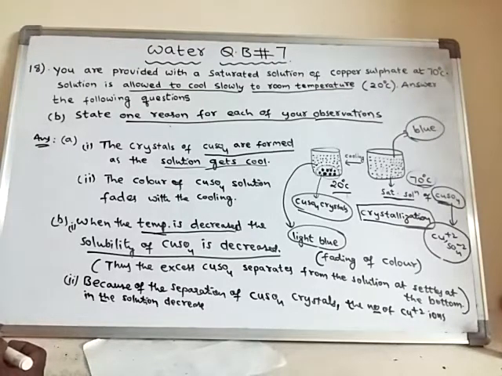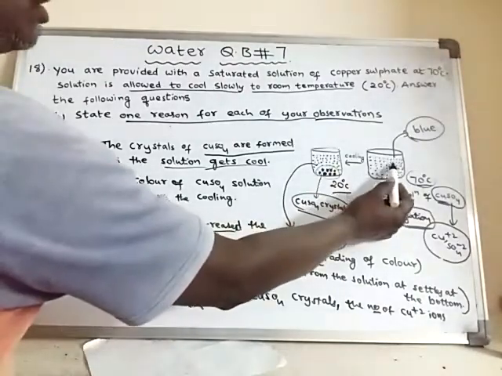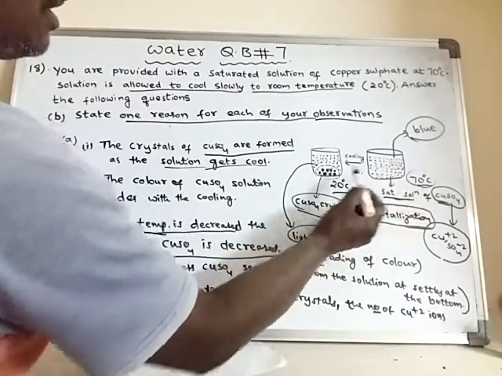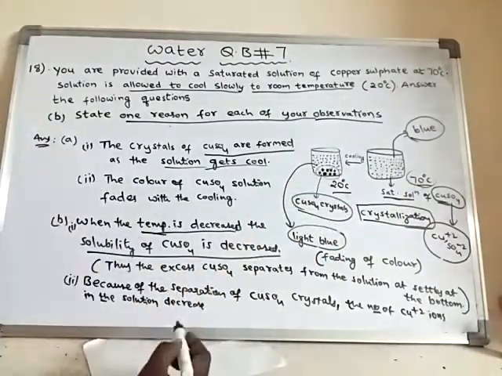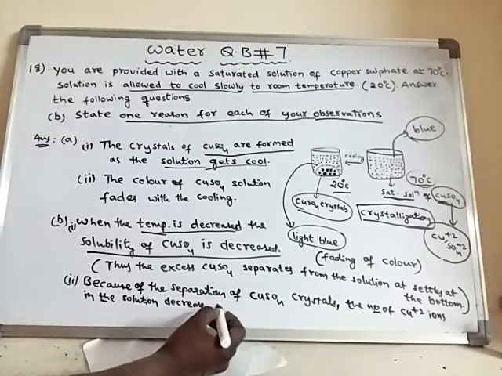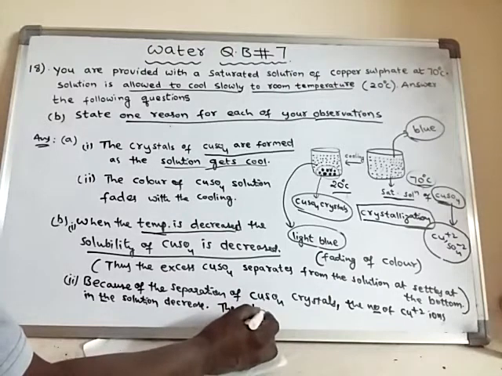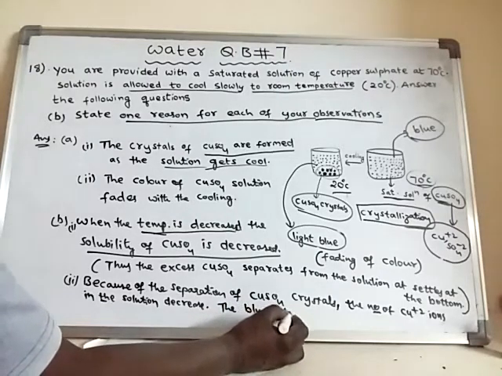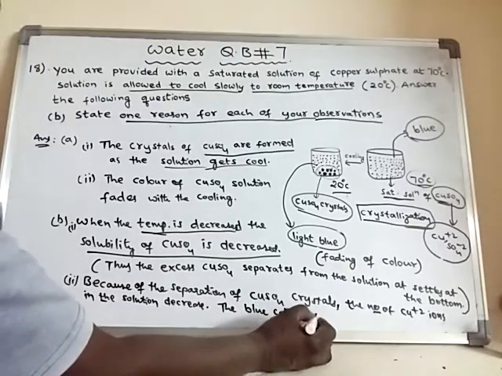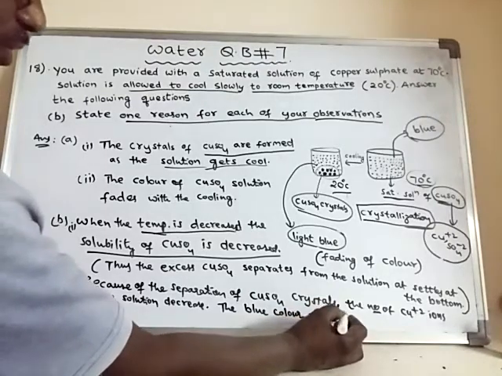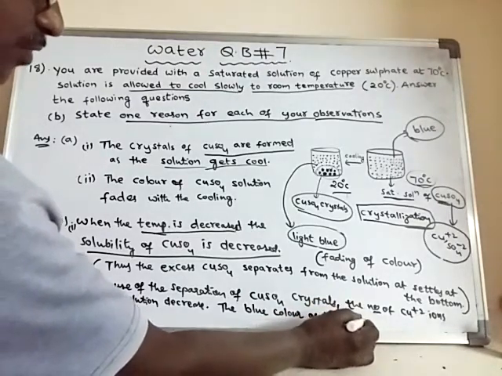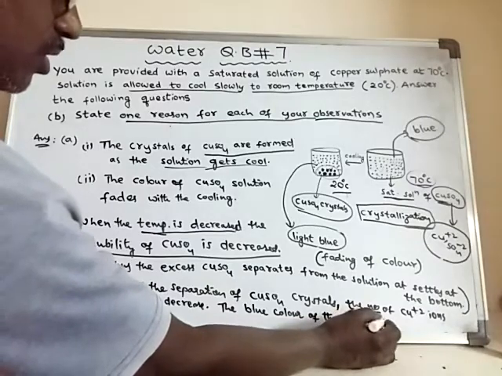So as the blue color is due to the presence of copper ions, the color fades. Here in this solution more copper ions are there, and in this solution fewer copper ions are there. What is the reason for the blue color of the solution?